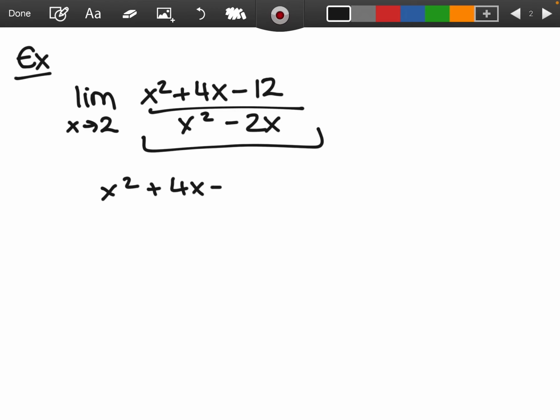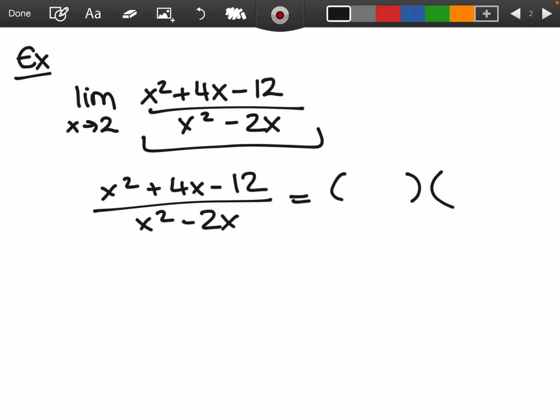So if I take this function here, x squared plus 4x minus 12 over x squared minus 2x, what I would do in this case is try to factor. If I look at my numerator and I factor it, I should get x minus 2 and x plus 6.